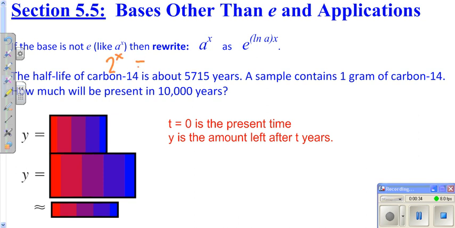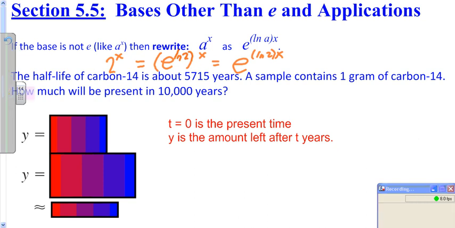Well, you could go ahead and rewrite that as e to the natural log of 2, all raised to the x, which, when you have an exponent raised to an exponent, you could rewrite as e to the natural log of 2 times x.